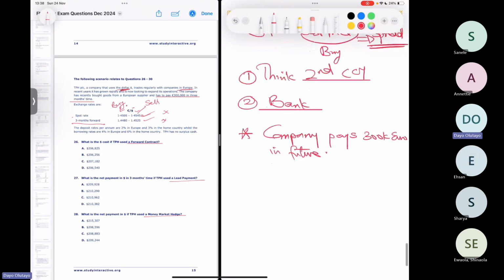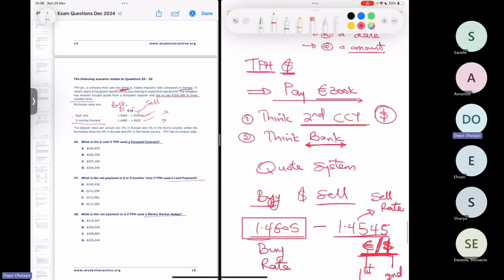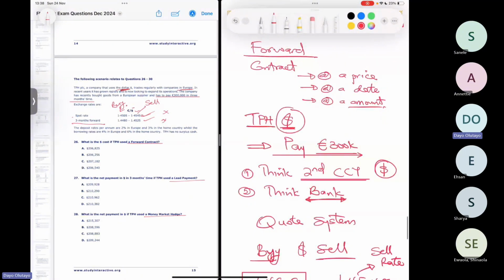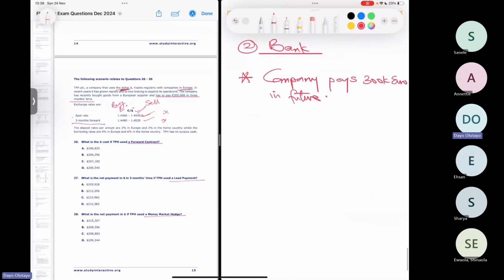And if they are going to pay 300k in euro, we know that this company is a dollar company. So which means they don't have the euro. And they are going to pay it. Then they have to buy euro. So company must buy euro.